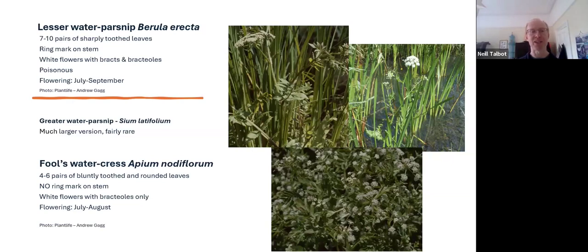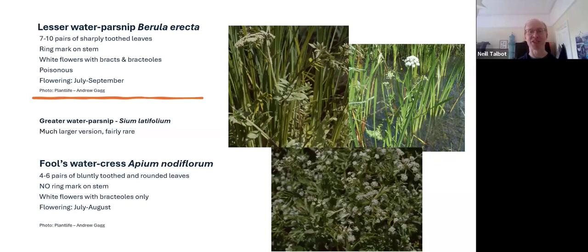The other thing is that, but you have to be a bit wary about this because individual plants do vary, generally you will have more pairs of leaflets within a leaf on the lesser water parsnip than on the fool's watercress. So between 7 and 10 on the water parsnip and around 4 to 6 on the fool's watercress. But there could be a bit of overlap.